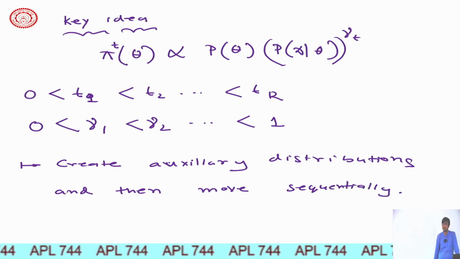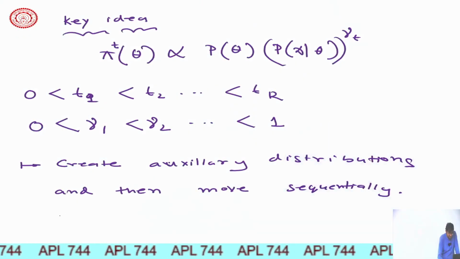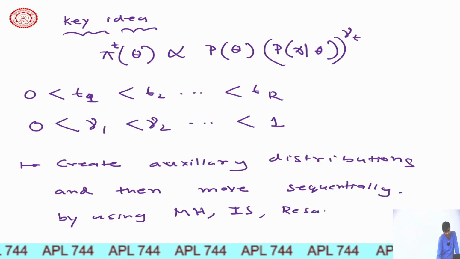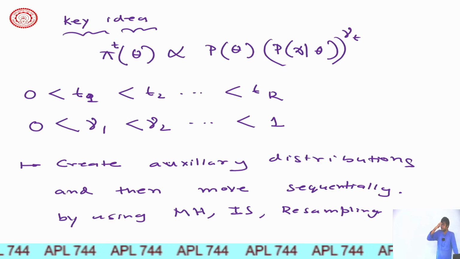You will start from the prior, which is easy to sample from. So you already have some initial samples, and then from there you will move sequentially by using Metropolis testing, importance sampling, and resampling. These three things are the key.